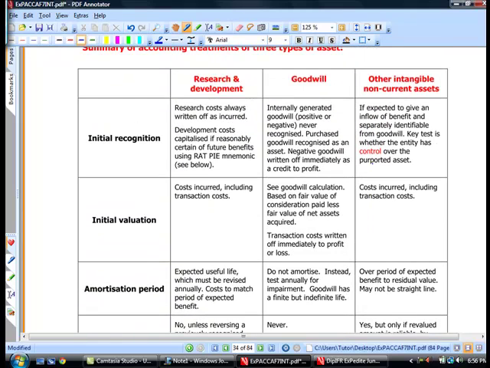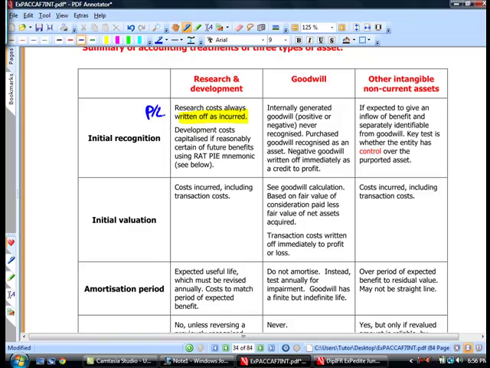Let's cover research and development. The accounting treatment is fairly different. If we are talking about research, this cost will always be expensed, written off directly in the P&L.